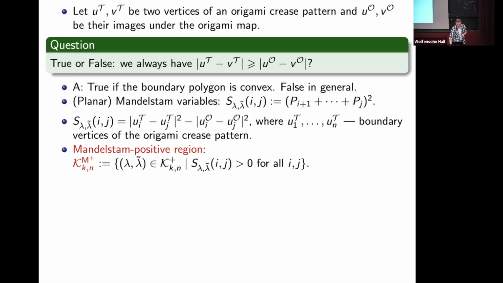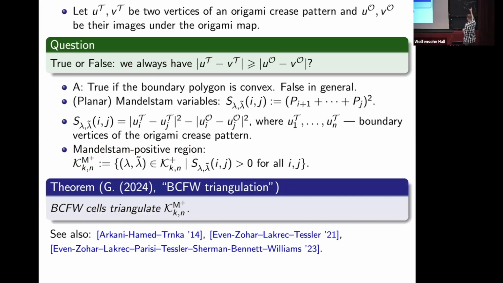And so the BCFW result is that this region is what gets triangulated by BCFW cells.